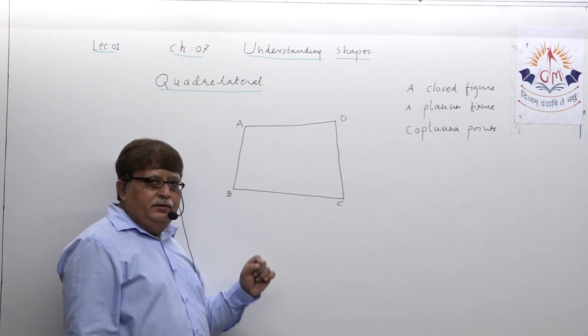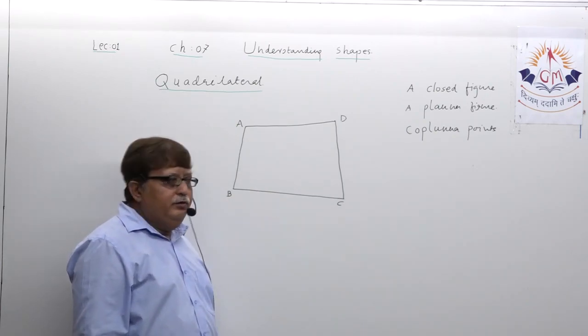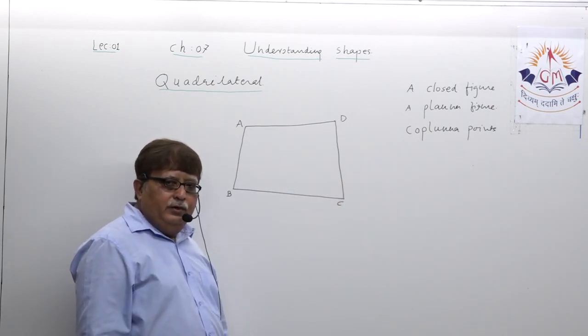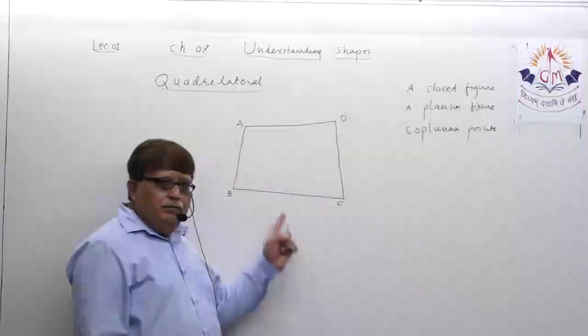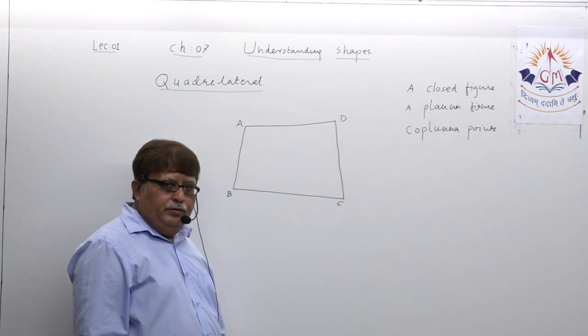Here the four line segments AB, BC, CD and DA are making quadrilateral ABCD. You understood this?